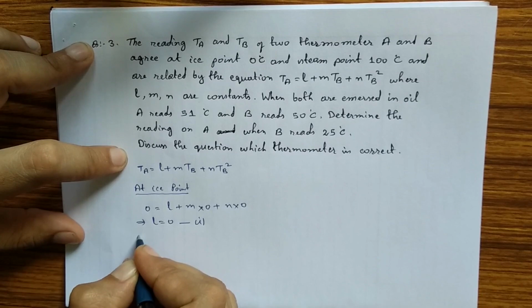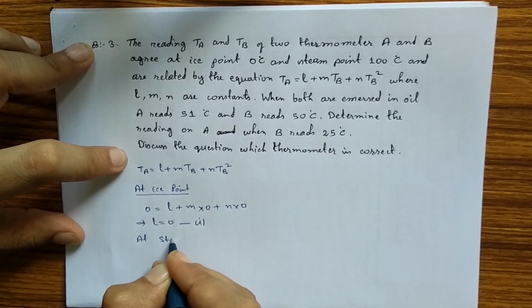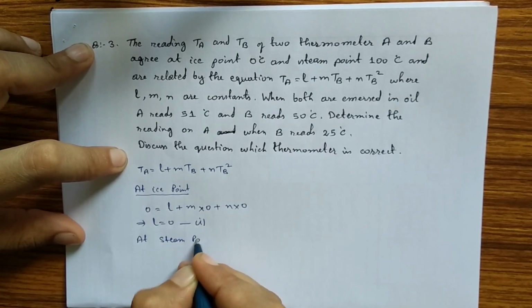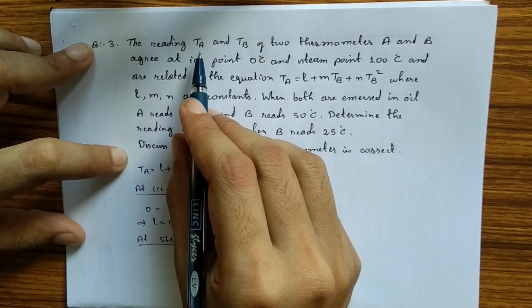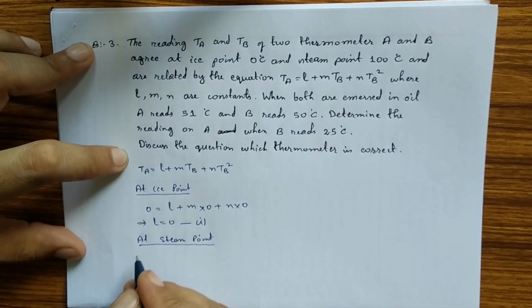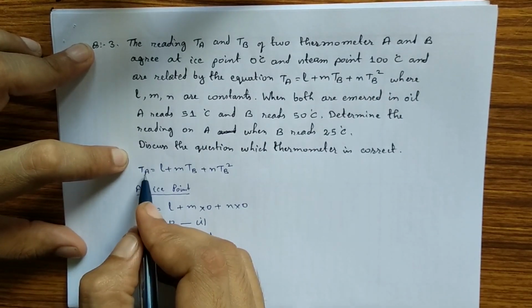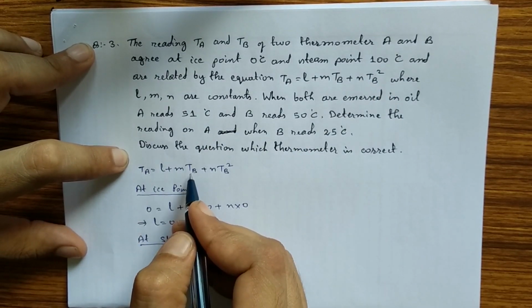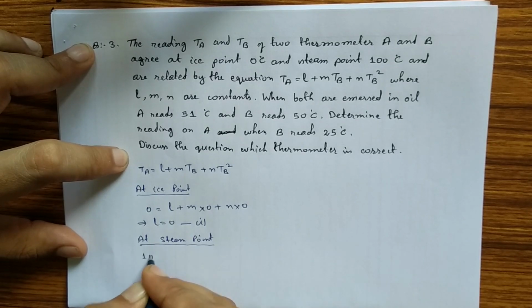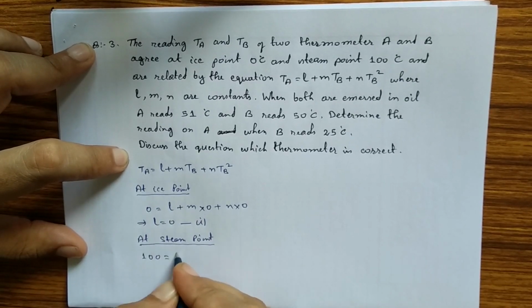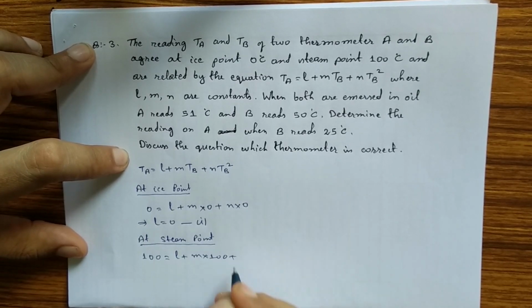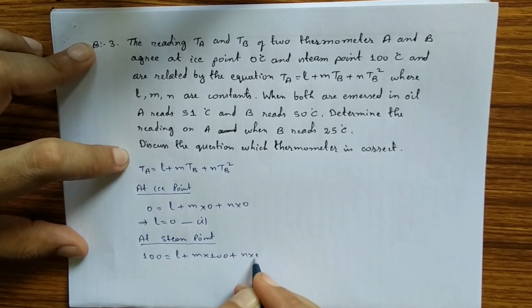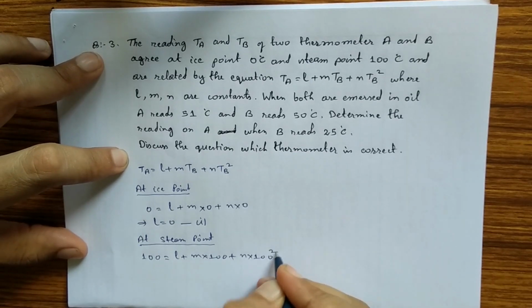At steam point, in question it is given that at steam point both TA and TB agree. So at steam point TA will be 100 and TB also will be 100. So in place of TA we can put 100, L plus M into 100 plus N into 100 square.